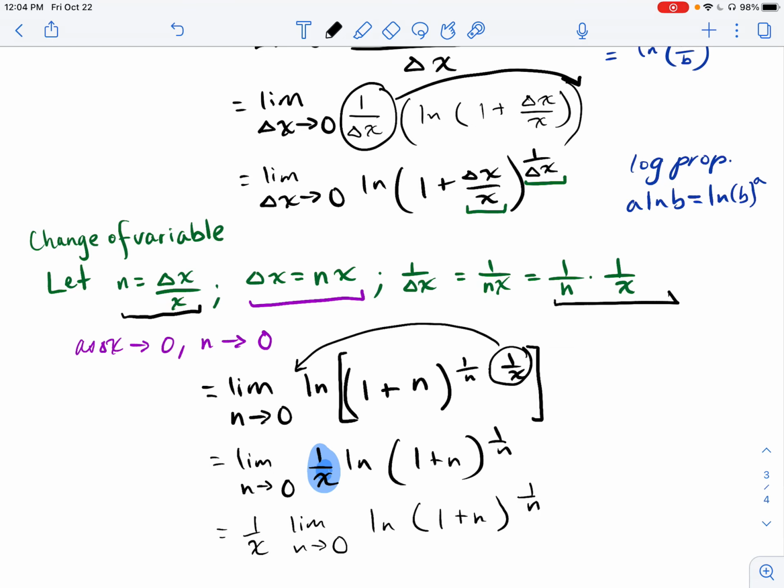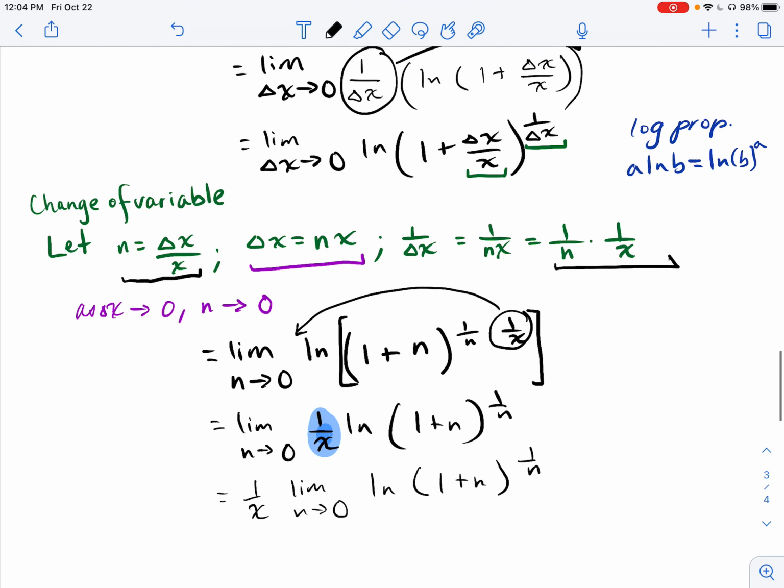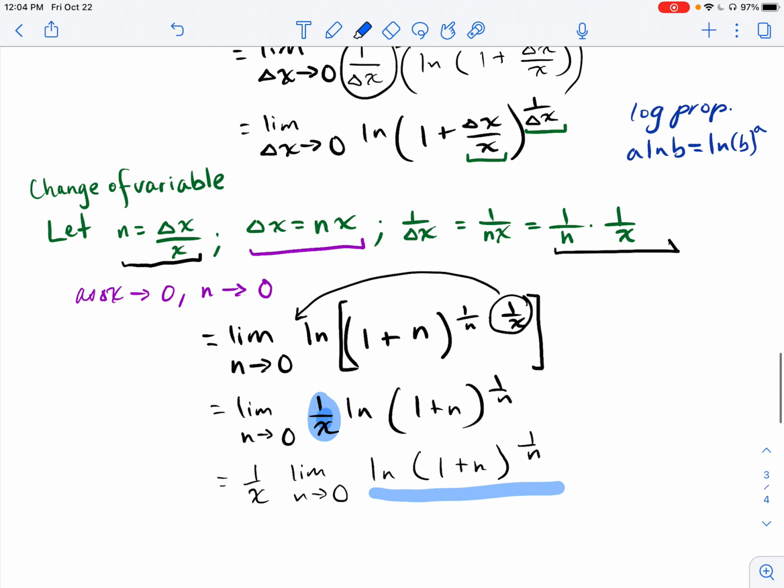All right, so now this is the part where you should start seeing the structure, and hopefully you're getting a little intrigued because you may have an inkling of what's happening. Ask yourself, does this look at all familiar to you? What do we know about the limit of this as n approaches 0?